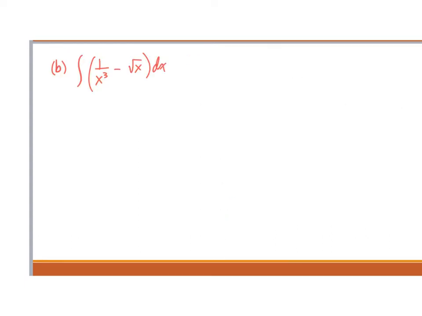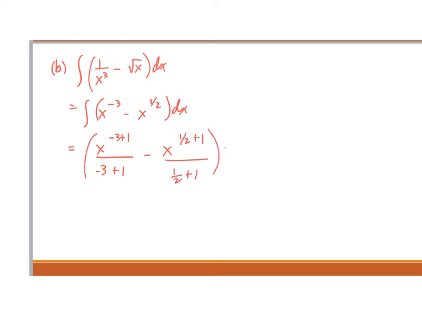Another example. For this, let's rewrite this in exponent format. So let's write this as the integral of x to the negative 3 minus x to the 1/2 dx. Now let's apply the power rule. It will be x to the negative 3 plus 1 over negative 3 plus 1, minus x to the 1/2 plus 1 over 1/2 plus 1, and everything plus the constant.